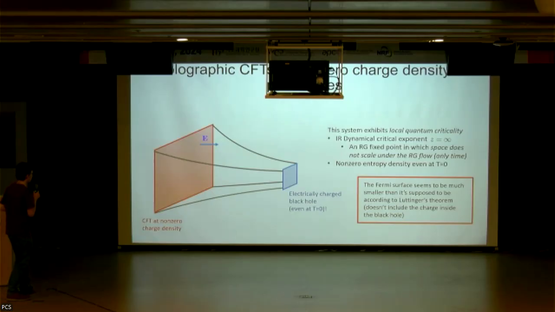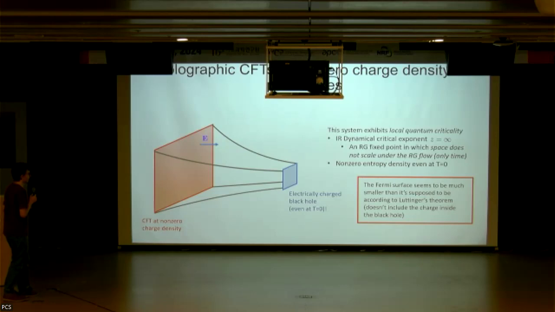The simplest thing to do is you take some CFT, which is supposed to have a holographic dual. You switch on a non-zero charge density, and in the gravitational theory, that's switching on an electric field in the near boundary region. Now you have to solve Einstein equations coupled to electromagnetism, and you basically find that there's a charged black hole. And that charged black hole is there even at zero temperature, at least in the simplest versions of this model.